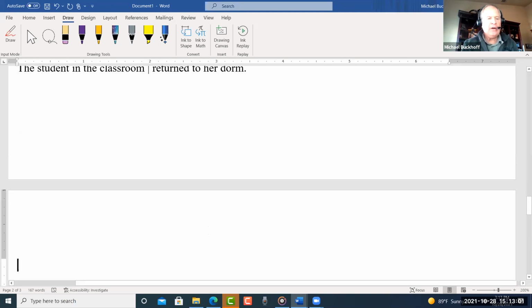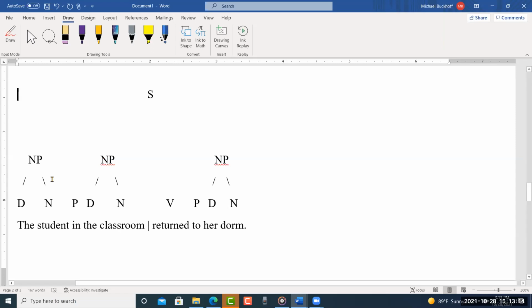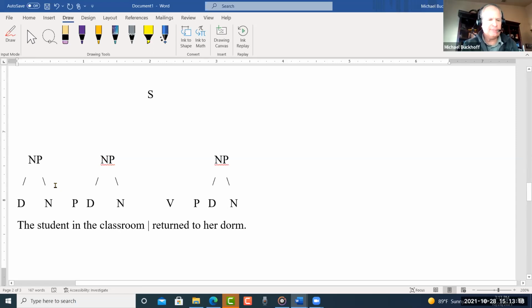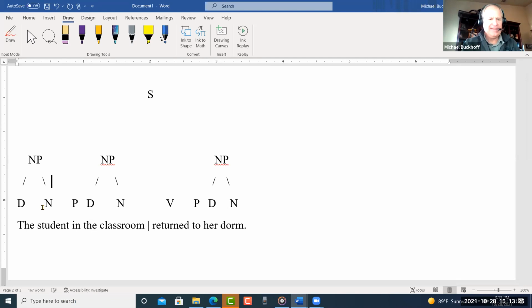Okay. Now let's try to finish the subject off. So the preposition and the noun phrase together create what? Prepositional phrase. That's it. Okay, what do we have here?